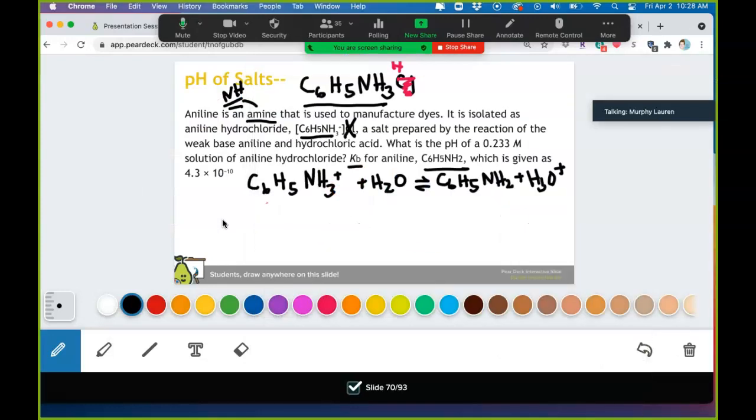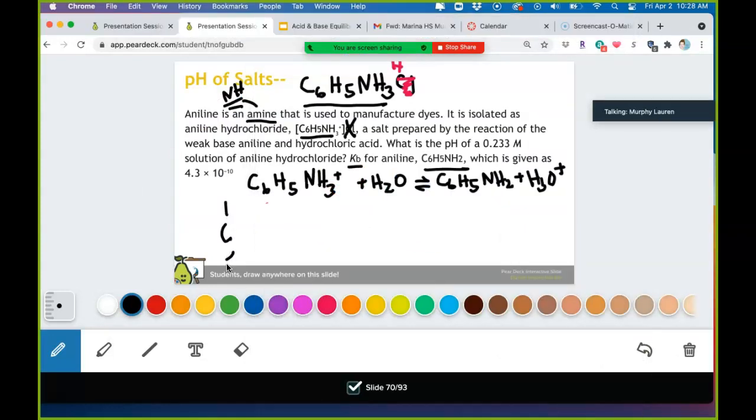So I'm going to set up an ice chart. Now water is a liquid, so we don't pay attention to it. And these guys are 0, right? Now, a big hint when K is given is that you have to let X equal something. So I'm going to let X equal the H3O plus ion, which is the same thing as the H plus ion.